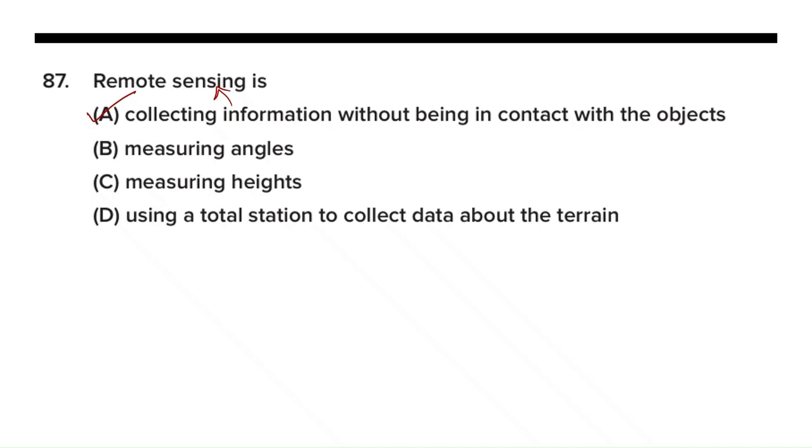It is widely used in GIS, mapping land use and agricultural mapping, disaster monitoring like floods and wildfires, and also in climate studies, oceanography, etc. The key aspect is no direct physical contact with the observed subject. Clear? Option A is our answer.